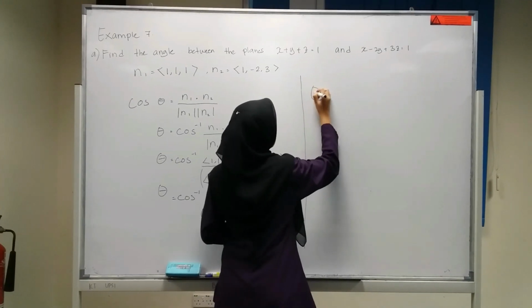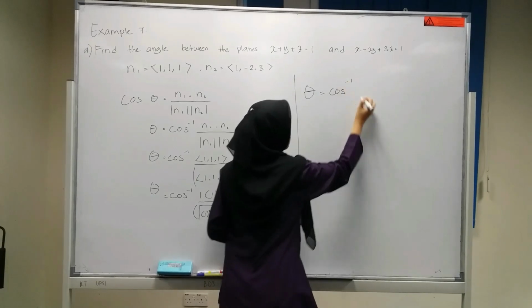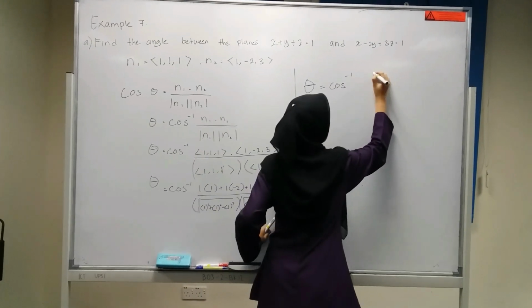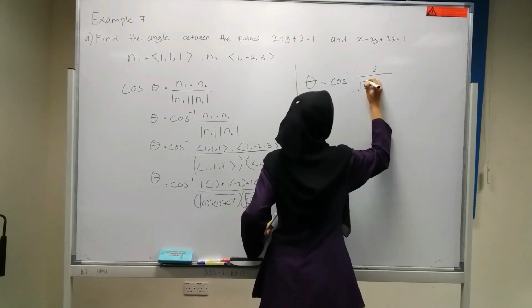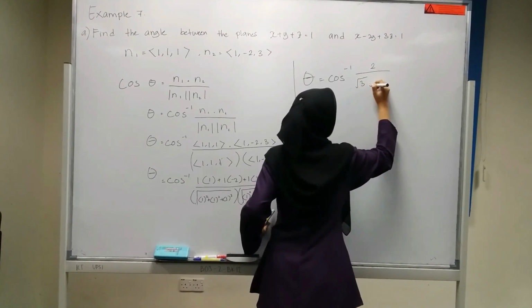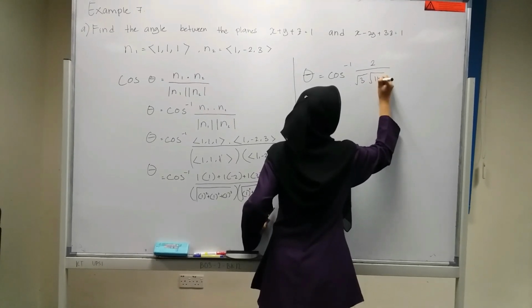So theta is equal to cos inverse of 2 divided by square root of 3 times square root of 14.